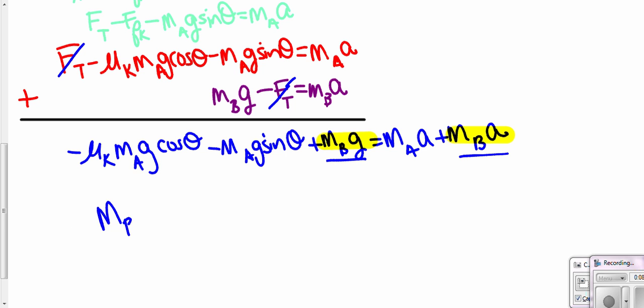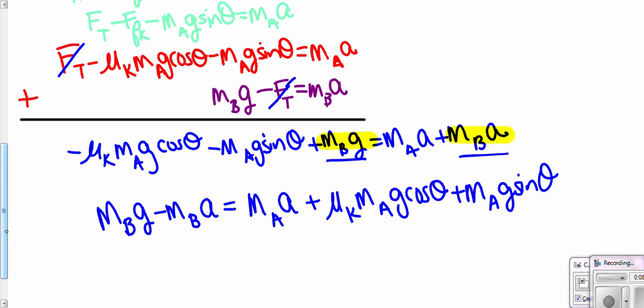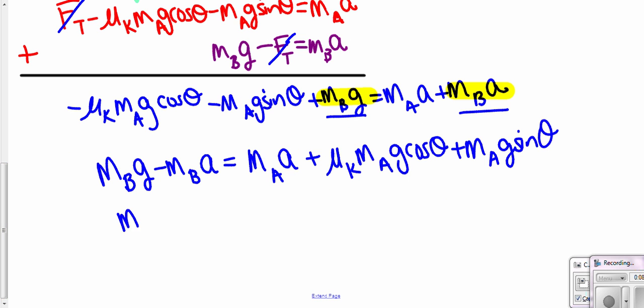I have mass of B times G minus mass of B times A, and then everything else moves to the other side, so it's going to be mass of A times A plus mu K mass A G cosine theta plus mass A G sine theta. And you can see you can factor mass of B out, and you're left with G minus A equals all that.